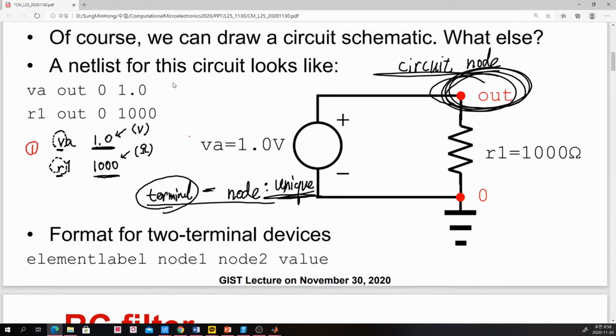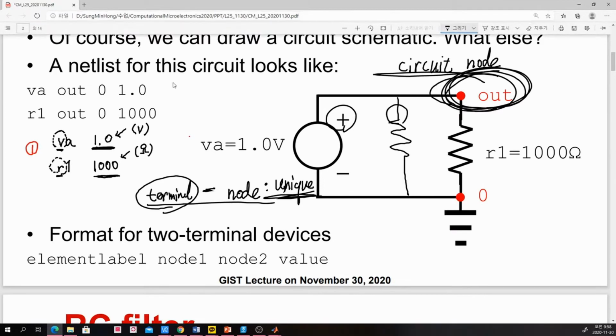So if we have more circuit elements, there can be several terminal to terminal relations related with this single terminal. However, if we just specify the terminal to node relation, that relation becomes just one.